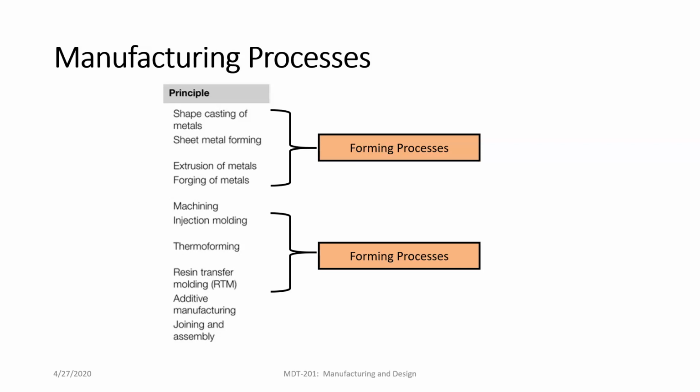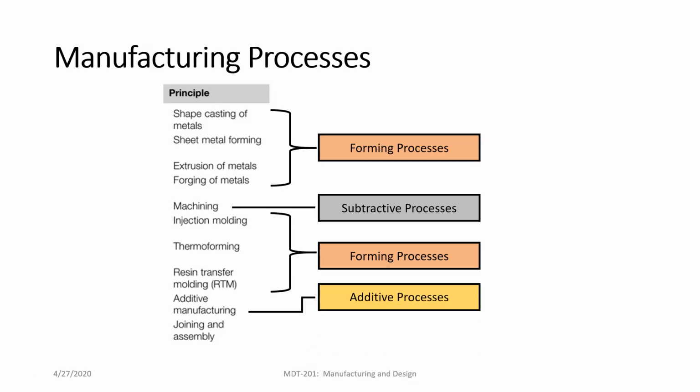The top grouping is what we would call a forming process. These are also forming processes down below that. And then right in the middle, we have the subtractive process, and then we have the additive processes. So again, just another little breakdown so that you can try to get a sense of what we're talking about here. And then finally, the joining processes.